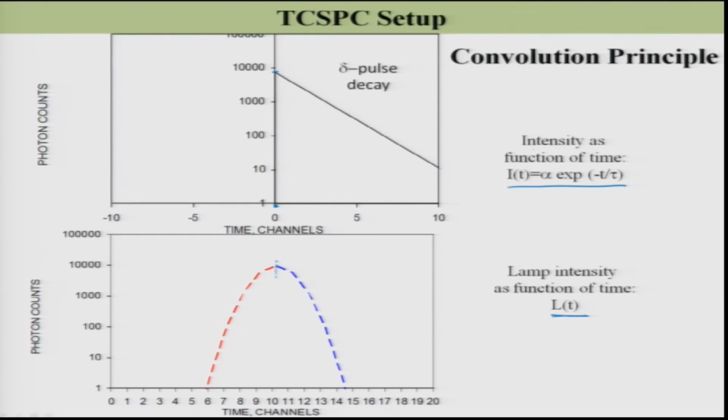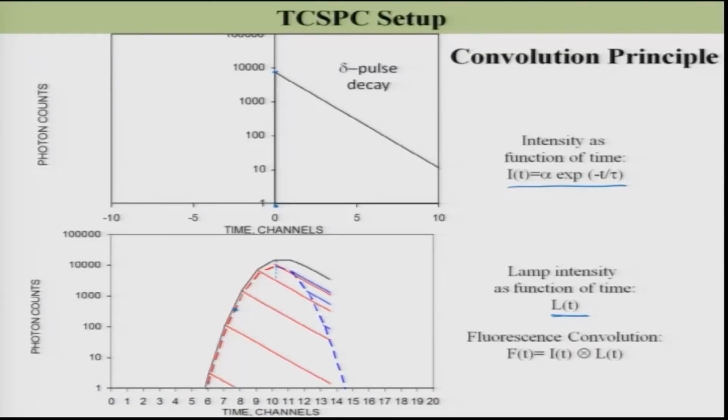So when this part, the negative time, interacts with the sample, some molecules will go to the excited state, and immediately after going to the excited state, those molecules will start decaying. When this part of the excitation pulse interacts with the system, some other molecules will go to the excited state, and immediately after excitation will start decaying, and so on and so forth. That is what I am trying to show you over here.